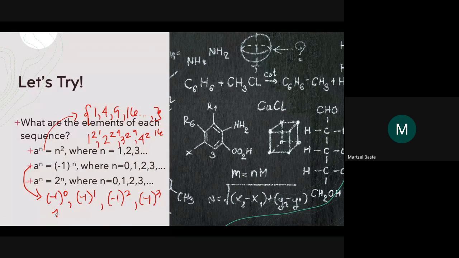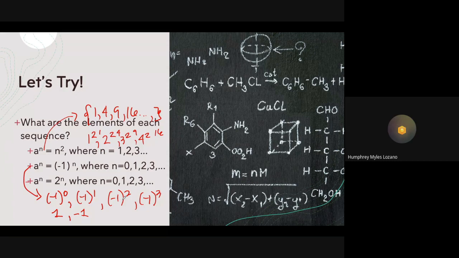So we have, this one is 1. And then negative 1 raised to the power of 1 is obviously still negative 1. Nothing will actually change. Tama? How about negative 1 multiplied by itself twice?